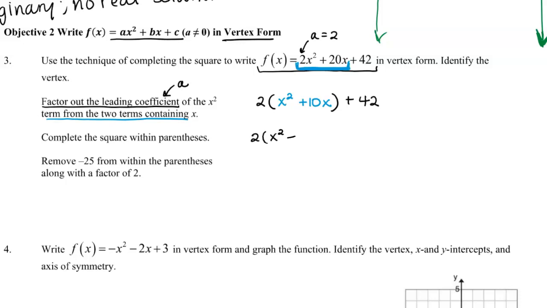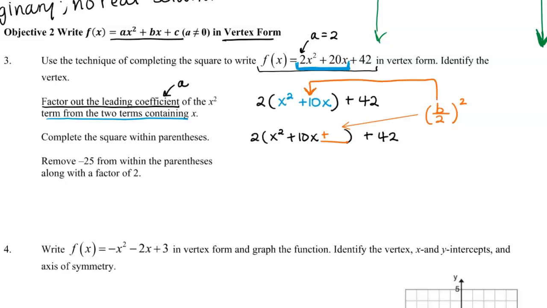Now, completing the square is a step that requires a very specific calculation. We need to find a special number to add in that blank, and the special number that we add is always b over 2 squared. But to find your b, you need to make sure that you are looking at the number in front of x after you factored out a.